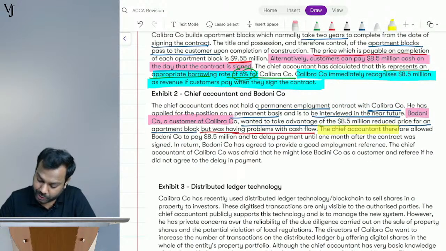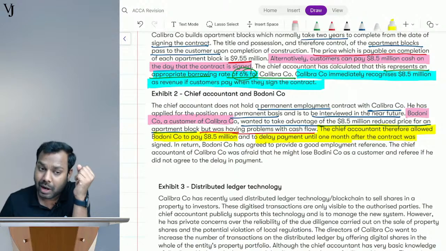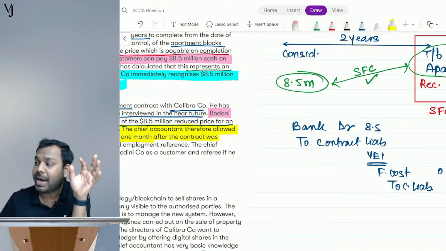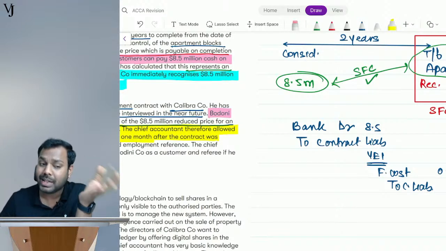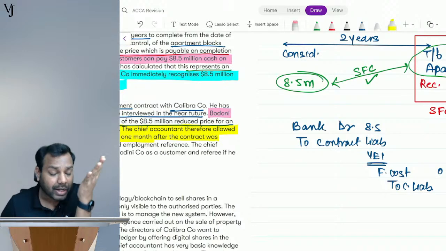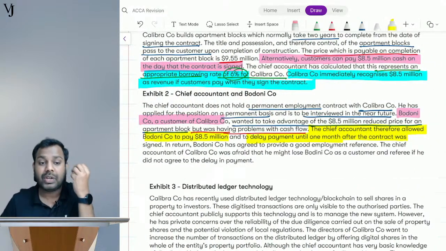The chief accountant therefore allowed Bodani to pay 8.5 million and delay the payment until 1 month after the contract date. Why was this 8.5 allowed? Because you have to pay it now. If you are delaying the payment, you have to pay interest over that at the rate of 6%. But the chief accountant allowed this.